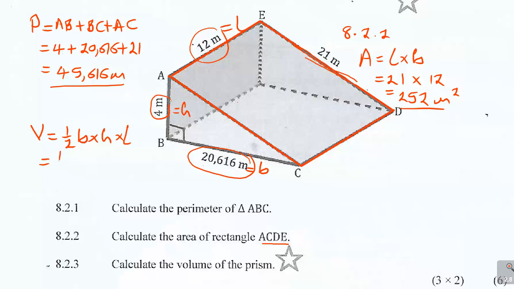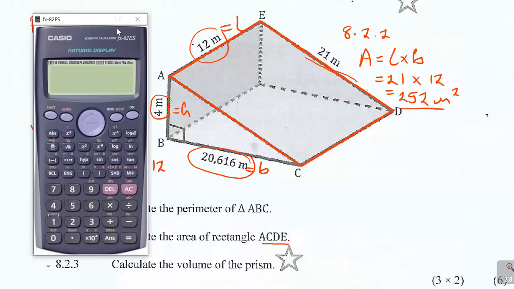So it is 1/2 times the base, which is 20,616 times, and then in this case the length, which is 12. I think I left out the 4, times the length, which is 12.